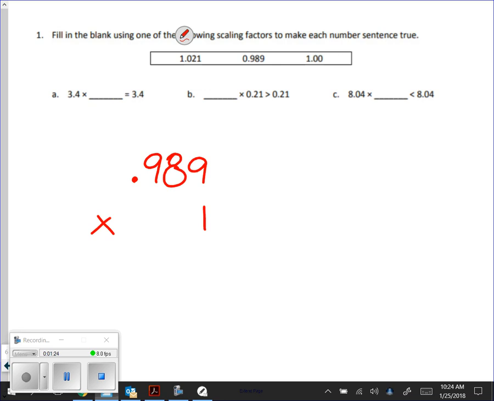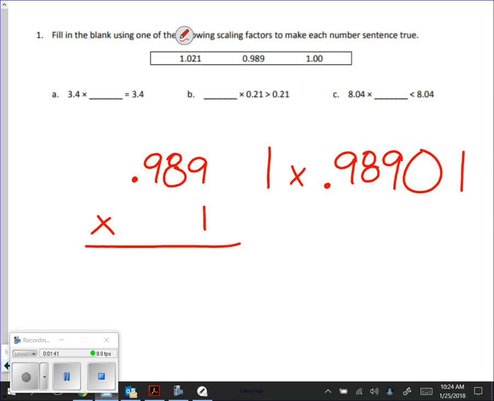So my original number, 1. So 1 times this, and I'm going to compare it to 1. So what am I going to get? What happens to my 1? Does my 1 stay the same?